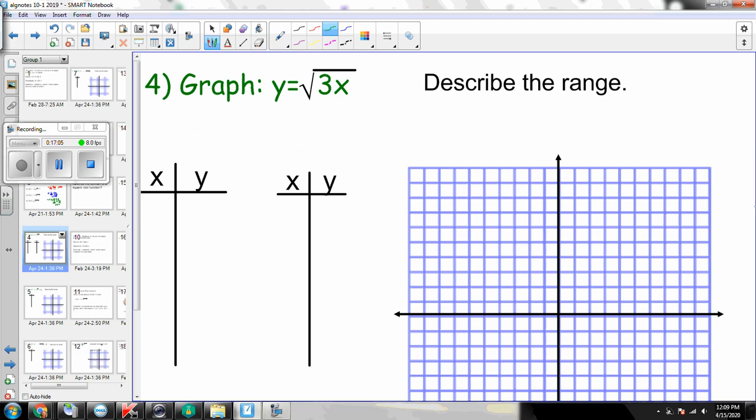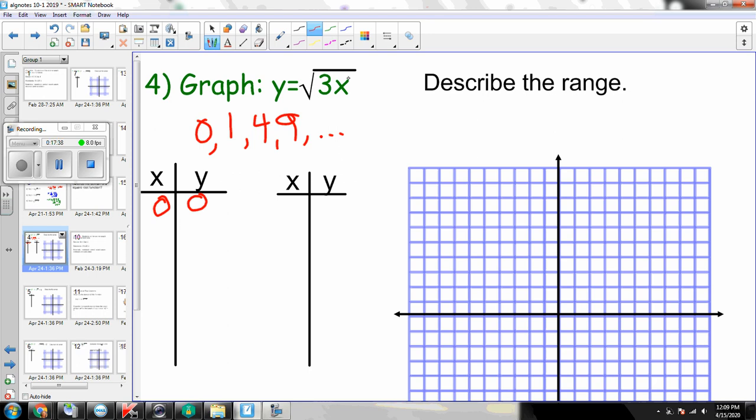All right, on number 4, we're going to graph and describe the range. So I'm going to show you a couple of ways to graph by using a couple of different XY tables. When I do the first one, I'm thinking of my perfect square numbers, 0, 1, 4, 9, etc. So if I put in 0 for x and take 3 times 0, that is 0, and the square root of 0 would be 0. y would be 0.